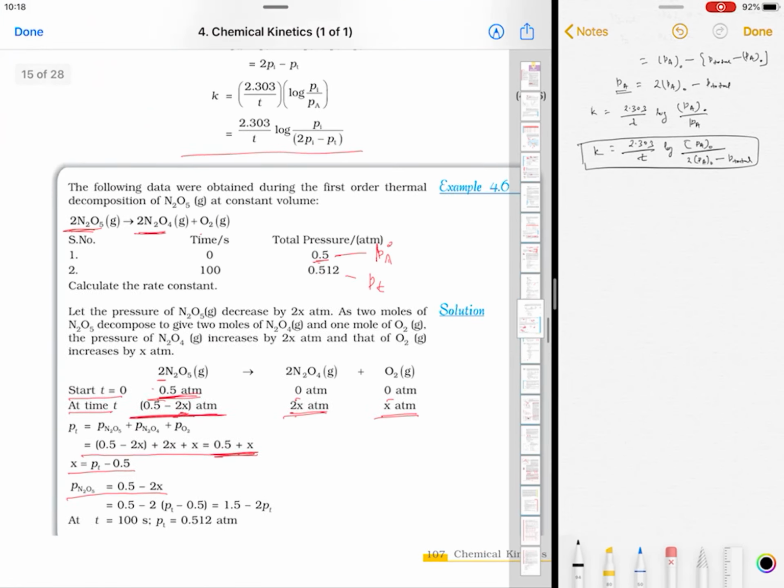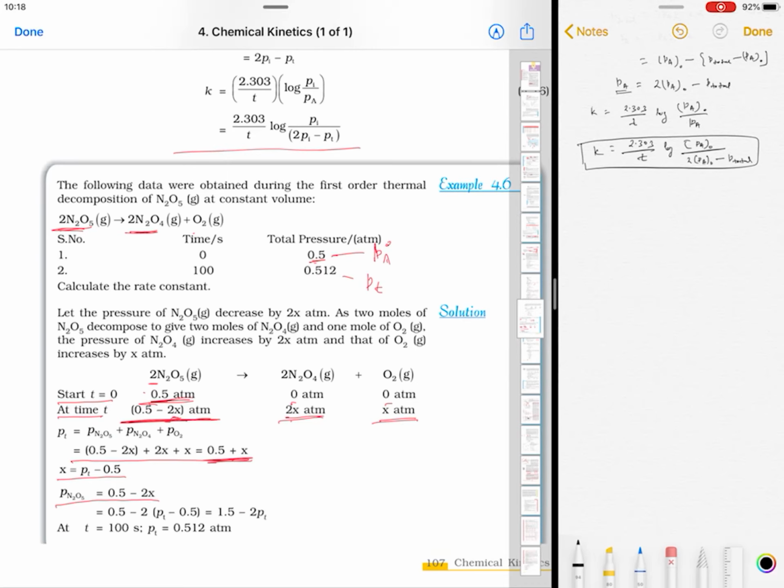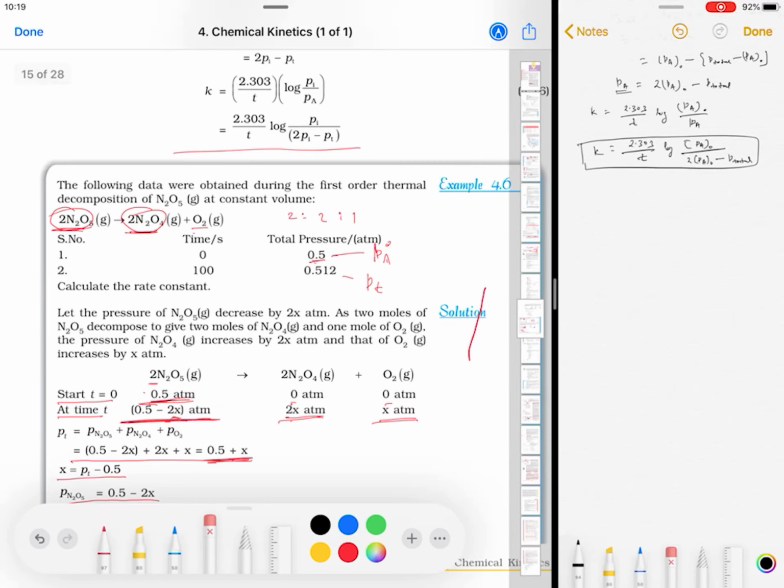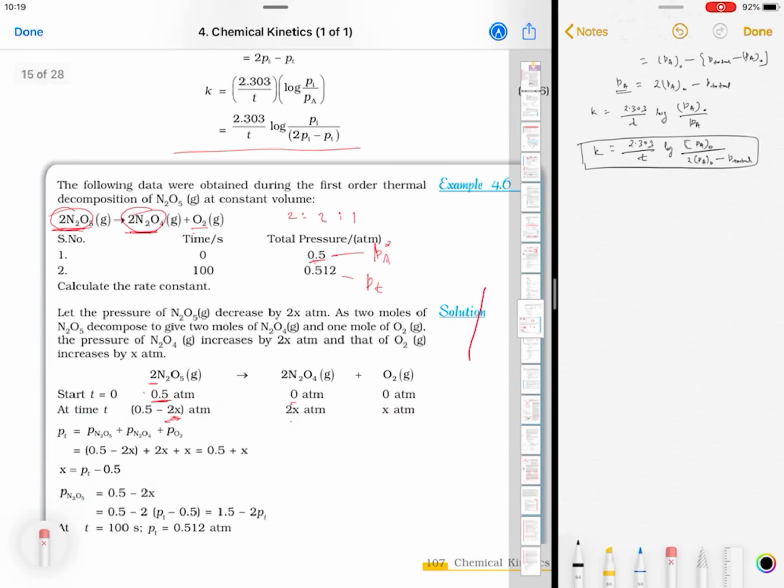In this numerical, we can see the stoichiometry has changed. Twice of N2O5, twice of N2O4 gives O2. So 2:2:1. What will happen when we derive the final concentration? For the final concentration term, the value of the final pressure of A will change.